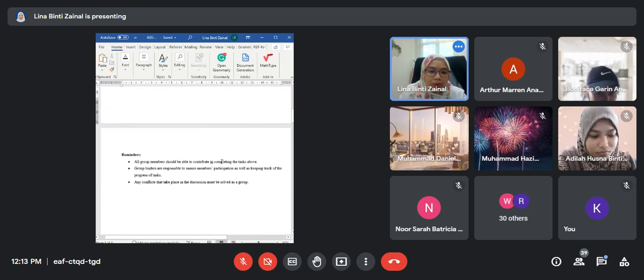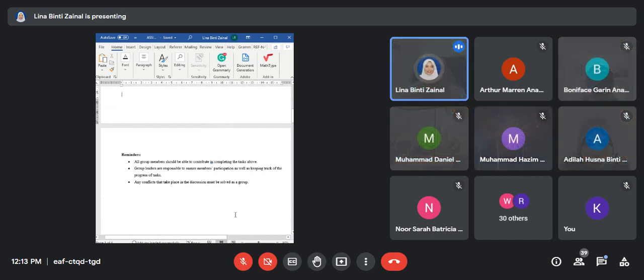Right, all group members should be able to contribute in completing the task above. Group leaders are responsible to ensure members' participation as well as keeping track of the progress of tasks. Any conflicts that take place in the discussion must be solved as a group. Okay, you guys have give a lot of solution last week during the interview session.